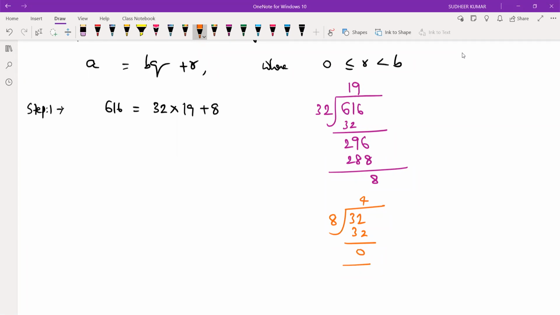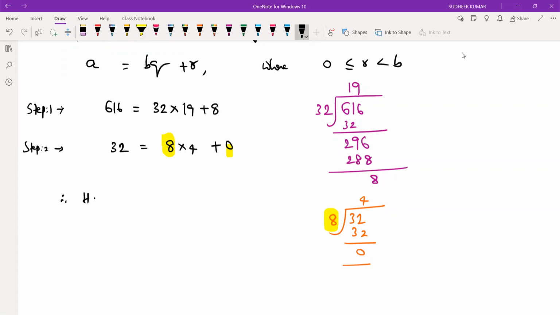When the remainder is 0, we can stop it. The divisor is called its HCF. So let us go to the next step. 32 equal to 8 times 4 plus 0. So when the remainder is 0, the divisor is called HCF.